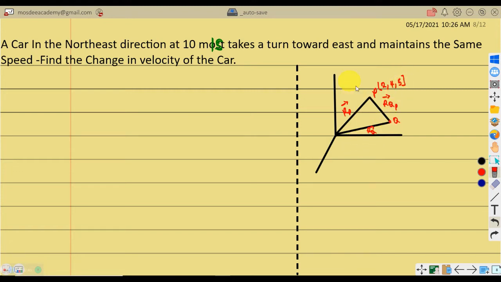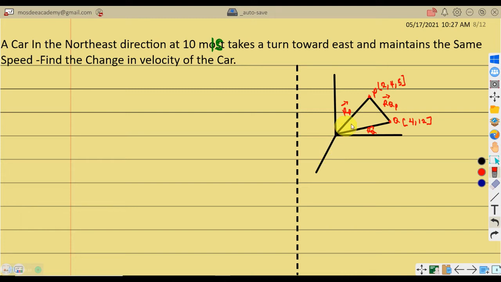At this point Q, the coordinates are 4, 1, and 2. Then the question is, we should find the third one. Because we know P, we know Q, then we should know RQP. That is the third part.